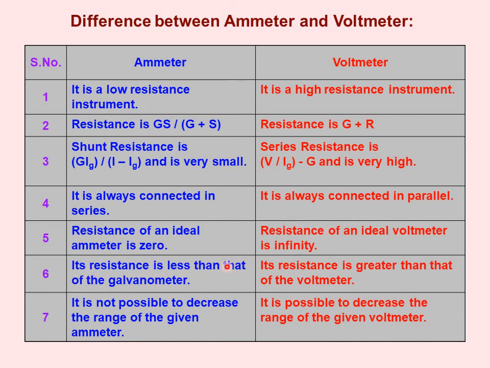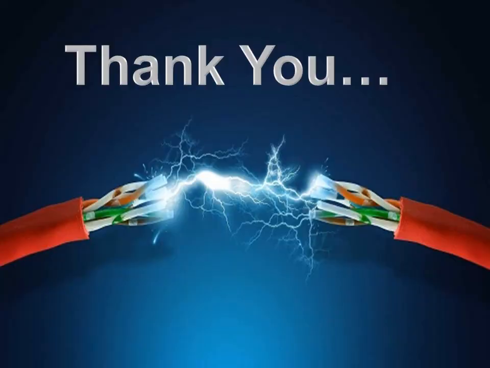So the ammeter's resistance is less than that of the galvanometer, and the voltmeter's resistance is greater than that of the galvanometer. And it is not possible to decrease the range of the given ammeter, but yes, it is possible to decrease the range of the given voltmeter. So hope you understood my dear student. Thank you.